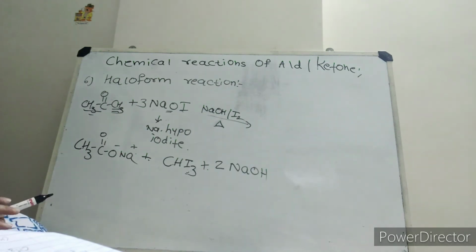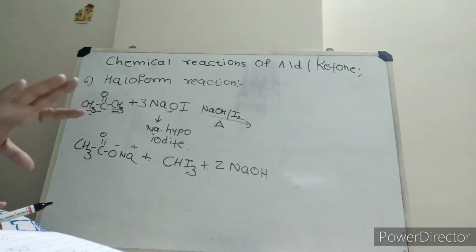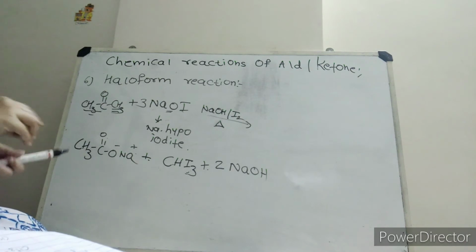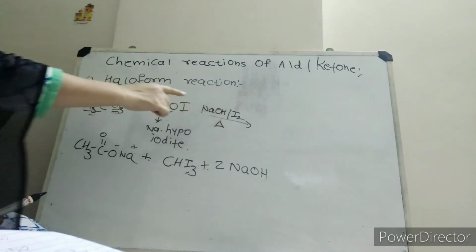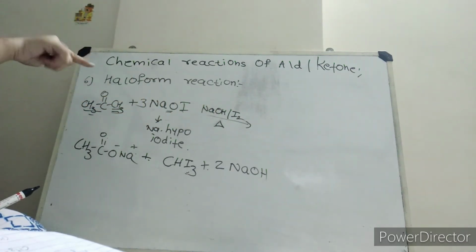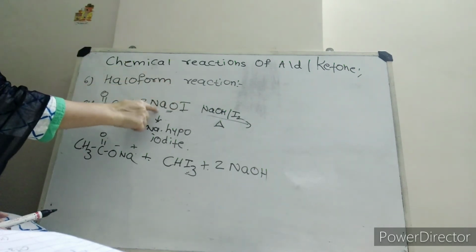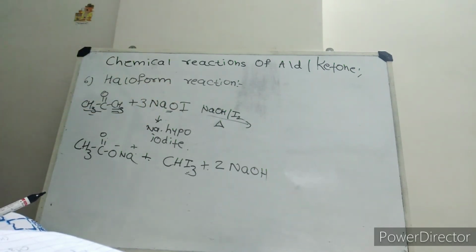So what is the haloform reaction? This reaction is given by aldehydes, all methyl ketones and all the alcohols which contain the CH3 methyl group. In this case, when sodium hydroxide, NaOH, and iodine are combined, a yellow precipitate is formed, and the yellow precipitate is nothing but sodium hypoiodide.